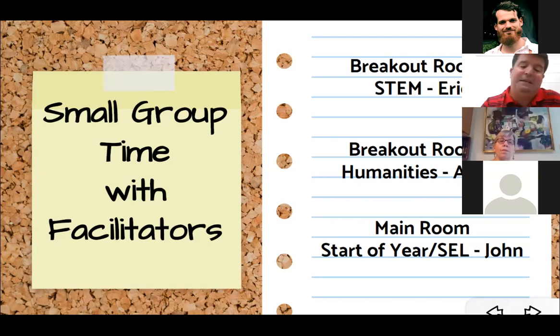A couple things before we jump into breakout rooms. If you want to be in the room, but you're putting your head down, you want to work, and you don't want to hear that conversation going on, go down to the bottom left-hand corner of your Zoom, and you'll see the audio button. You can click the arrow next to it and choose disconnect audio. What that'll do is disconnect the speakers and your microphone.